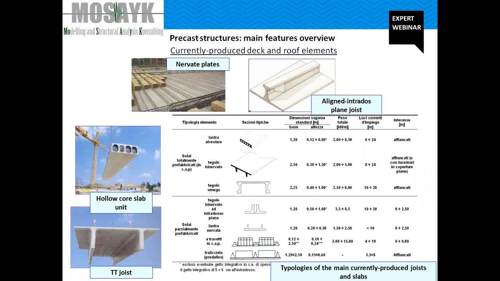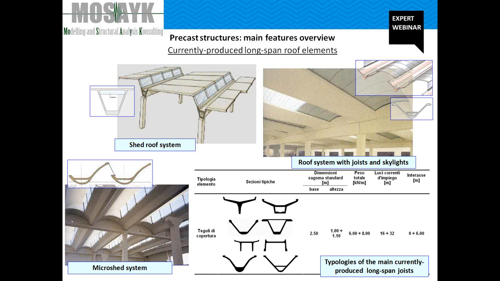Common type of deck in multi-story structure and, let's say, roof element in a single story. The most used is the hollow core slab that we will investigate later.